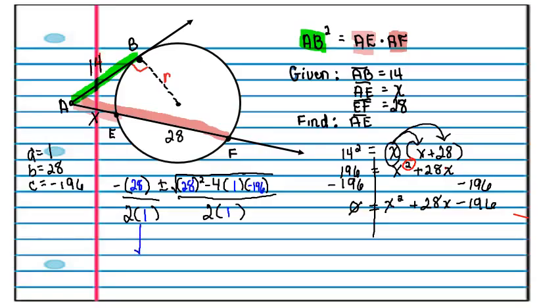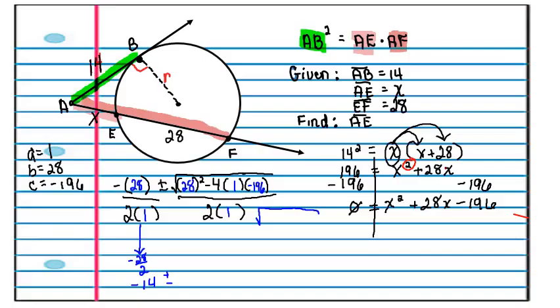Do the front part of the quadratic formula. Negative 28 over 2 gives us a negative 14. Plus or minus. Going to do the square root work. Maybe I can find some space over here. We'll try it right here. 28 times 28. Big number. Yes, I am going to have to use my calculator. 28 squared.